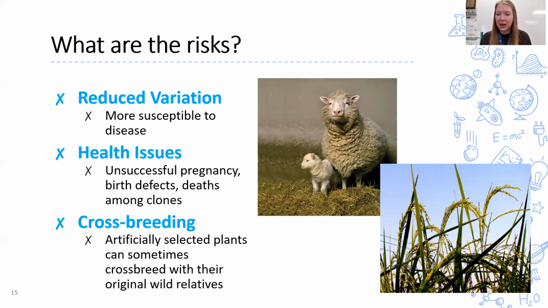That canola could then crossbreed with the weeds that the herbicide is trying to spray and get rid of. And when that crossbreeding happens, you end up with weeds that are now resistant to the herbicide as well. And so it's creating new genetics or new generations that were unplanned for.